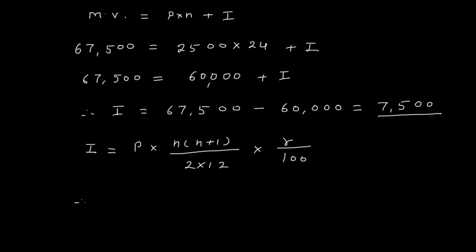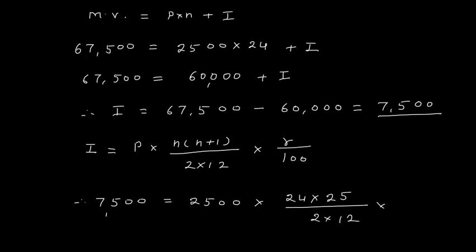So therefore 7,500 will be equal to the value of P, which is 2,500, multiplied by the value of N, which is 24, so 24 into 25, divided by 2 into 12, multiplied by R, we don't know, so R upon 100.